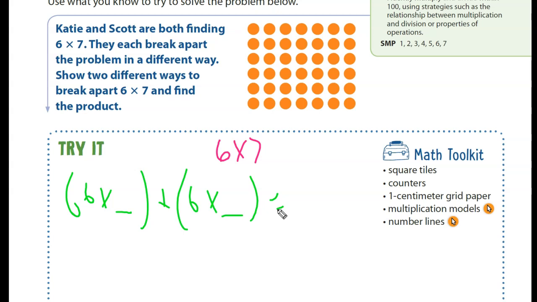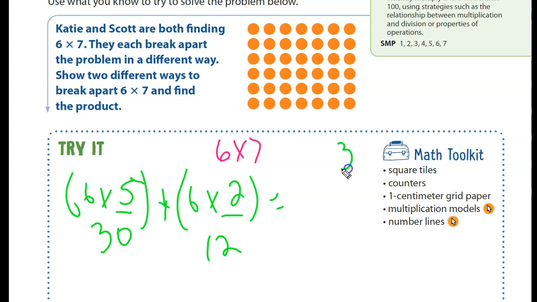Let's go with, you know what? I'm going to go with 5 and 2 because I know what 6 times 5 is. I know my 5s. So 6 times 5 plus 6 times 2. And I know my 2s too. So 6 times 5 is 30. Whoops, not 60. My bad. 30 plus, what's 6 times 2? 12.